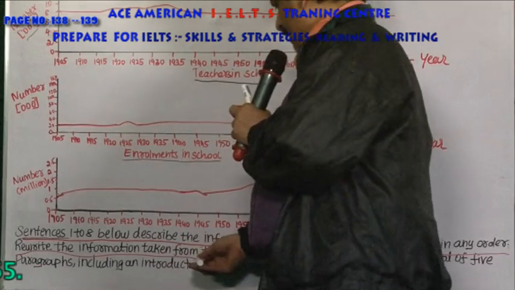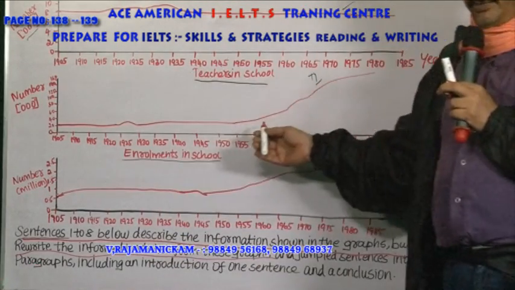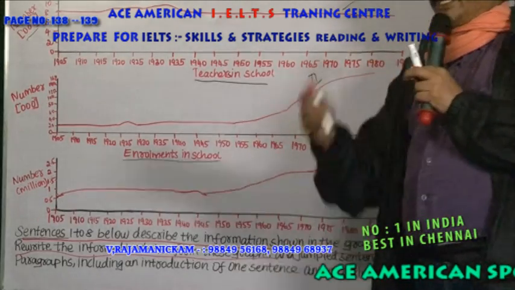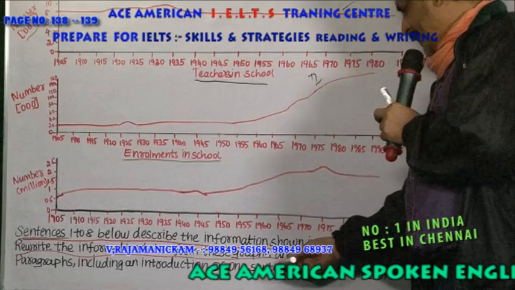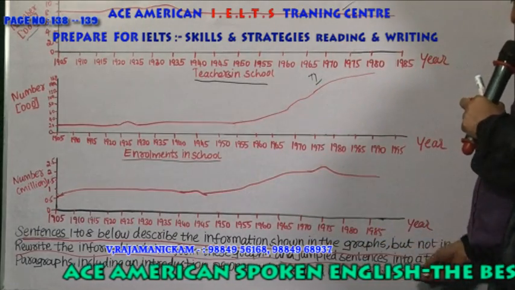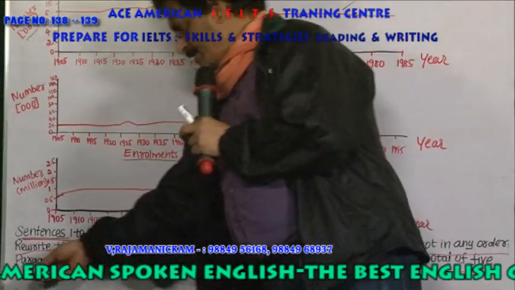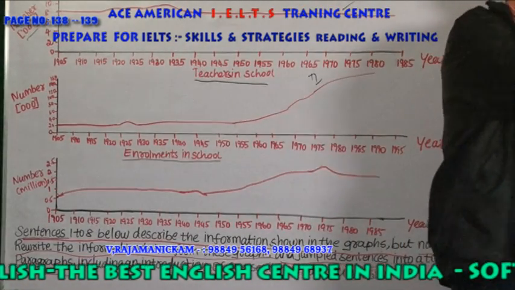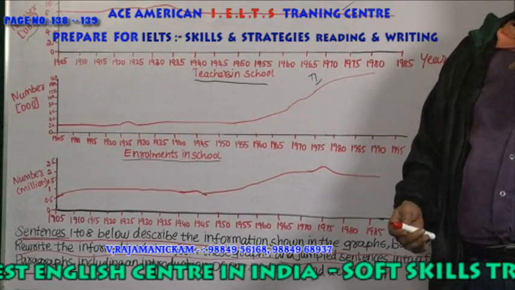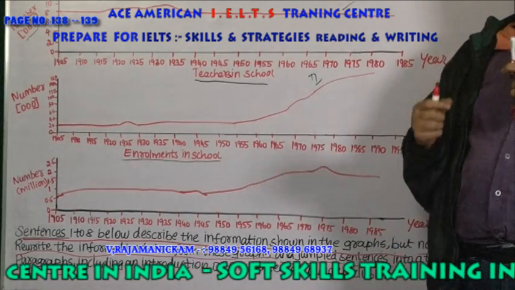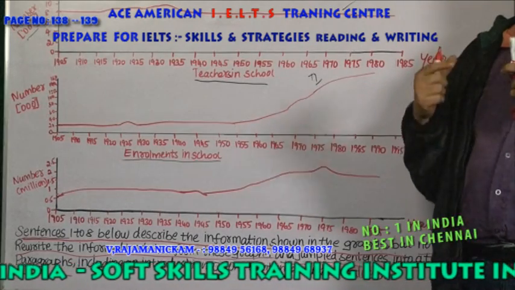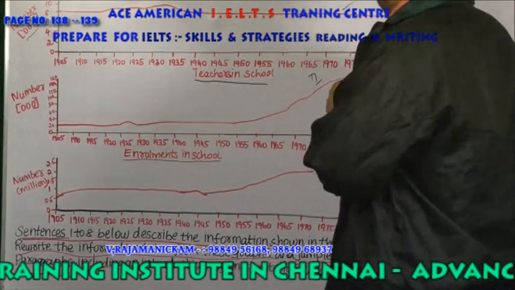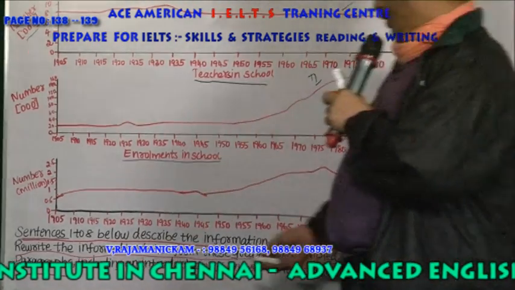All the information has been taken from these graphs and the sentences have been formed, so you have to rewrite them in the proper order and arrange the sentences into a total of 5 paragraphs, including an introduction and a conclusion.